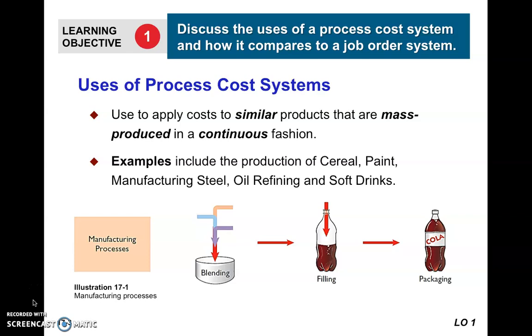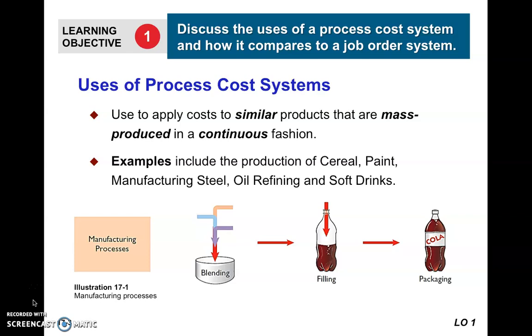Now, because the product goes through different processes, we need to keep track of the cost by department. Therefore, we're going to have more than one work in process account in a process cost system. We're going to have one work in process account for the blending department, one for the filling department, one for the packaging department.